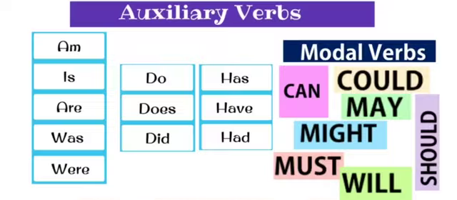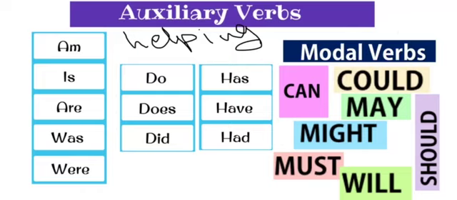Okay, let's remember together the auxiliary verbs. The auxiliary verbs are helping verbs. Look at the first box: am, is, are, was, and were. These are the family of verbs to be.